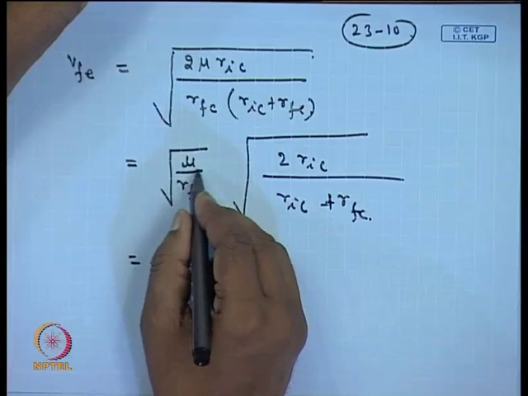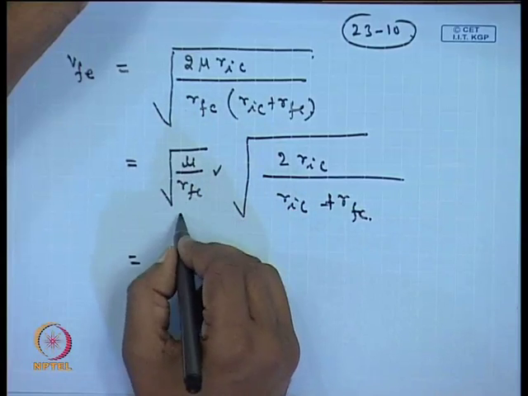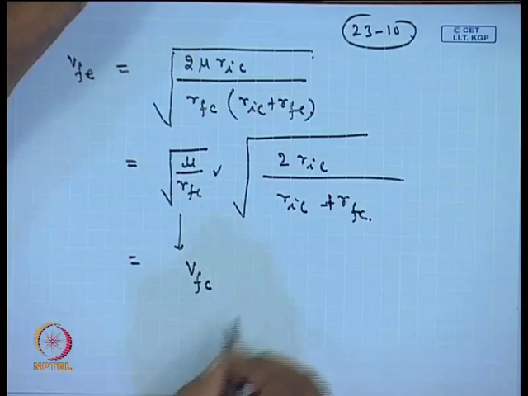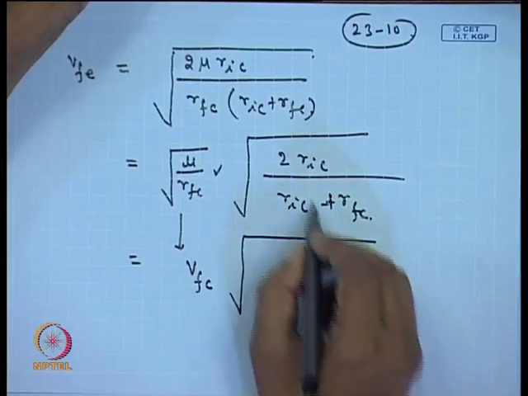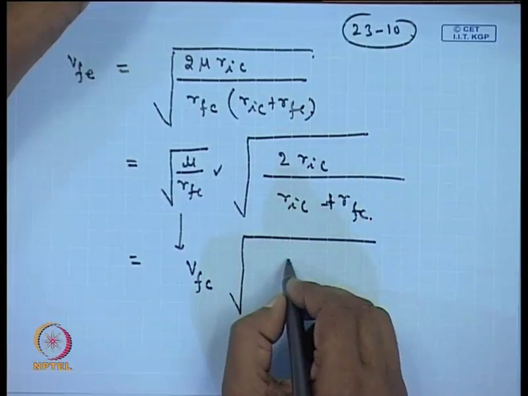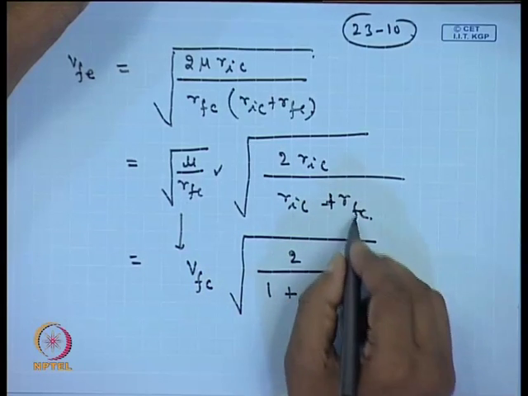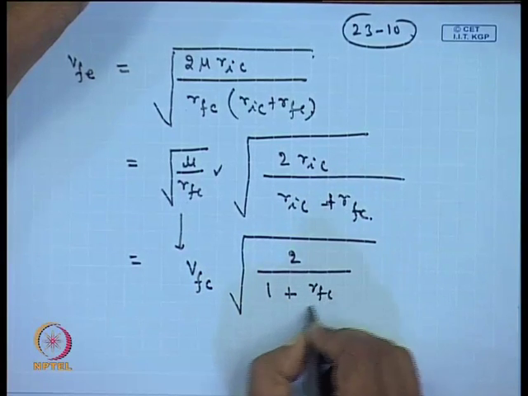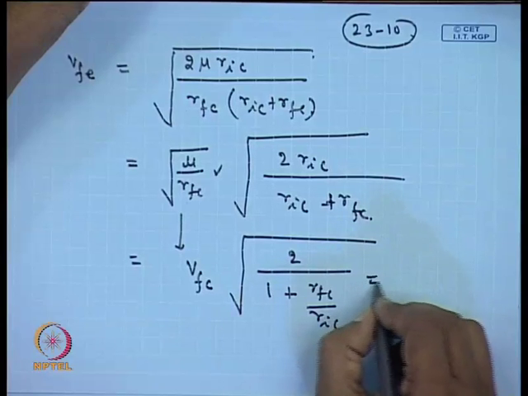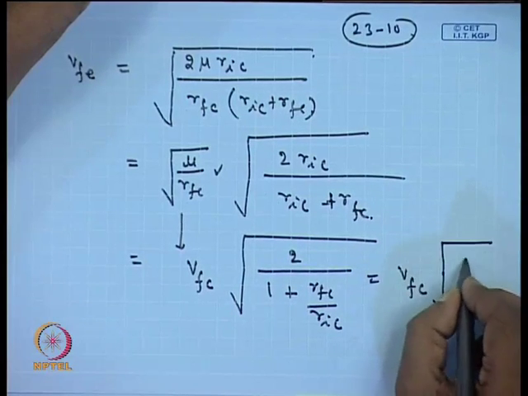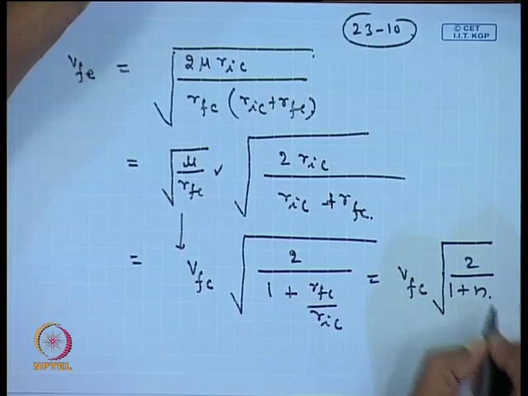Now, if you look at it this way, this quantity appearing here is nothing but your velocity in the final circular orbit, and then you can divide by R I c. So, this becomes 2 divided by 1 plus R f c by R I c. So, this is your V f c times the square root of 2 divided by 1 plus n.